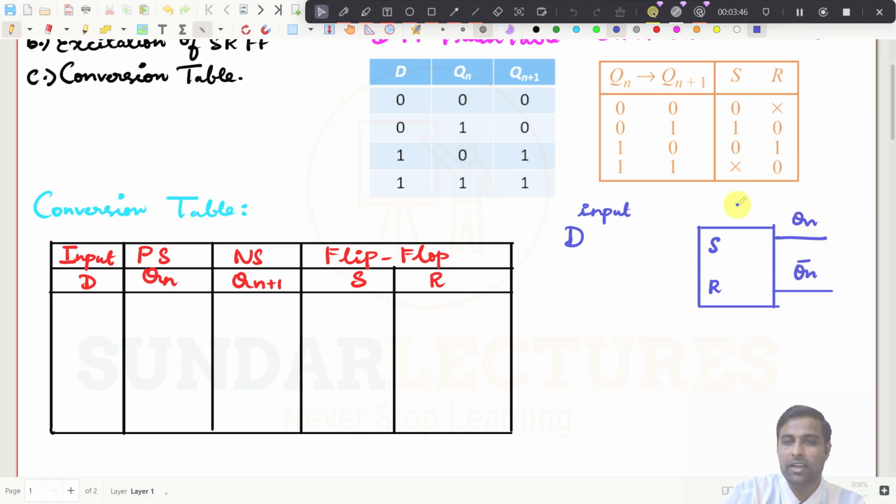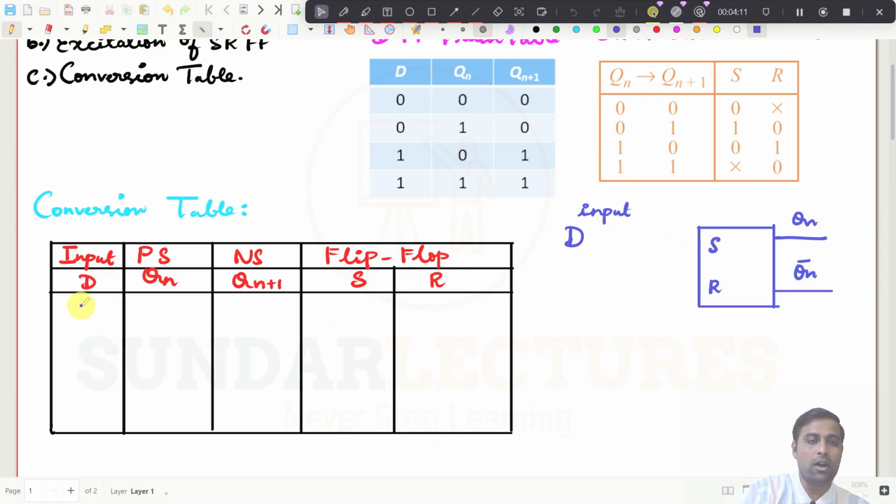Can you understand? We have this SR flip-flop, but what I am going to do is give only D as input. If I give 0 at this D input, Qn should become 0. If I give 1, Qn becomes 1. That is our idea. That is the D flip-flop working, right? So that output we need to get from this combination, but with the SR flip-flop.